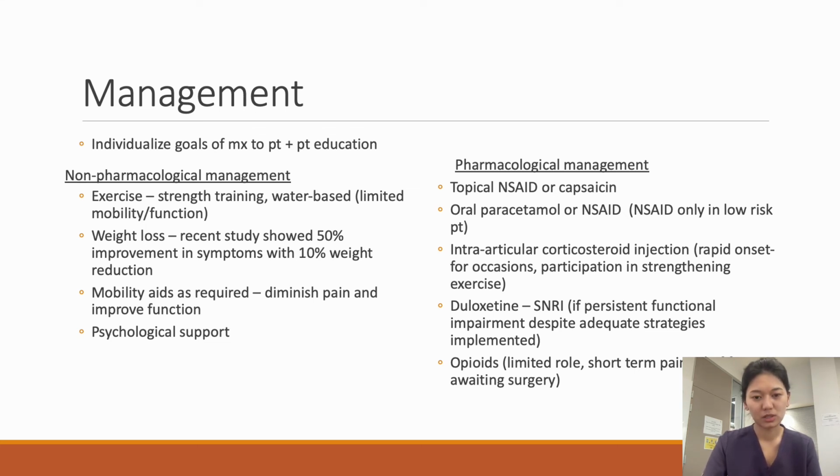Duloxetine is another option. It's an SNRI, and it's often used if there's persistent functional impairment despite adequate strategies, especially the first three. If that's not successful, you might resort to duloxetine. Opiates have a limited role here. They're only for short-term use while patients are awaiting surgery.